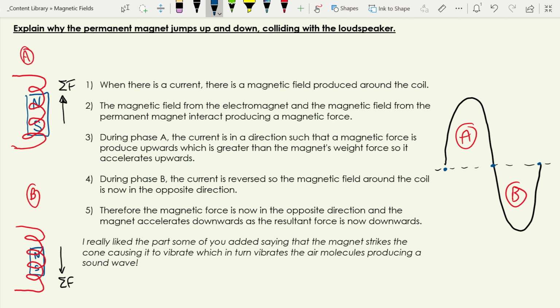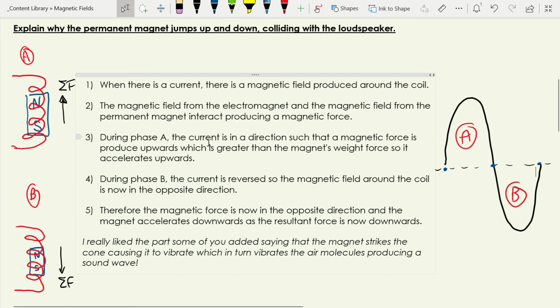So the reason we get a magnetic force or a Lorentz force is because we have 2 magnetic fields that interact with each other. So the magnetic field from the electromagnet and the magnetic field from the permanent magnet interact, and that produces a magnetic force. So that's the key. To get a magnetic force, we need 2 fields that interact.